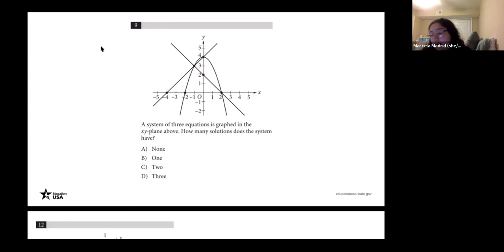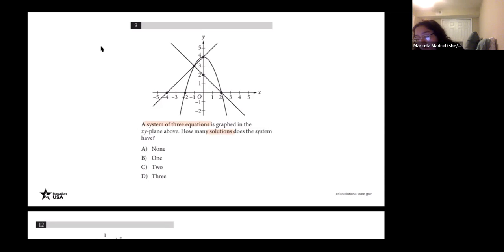Okay, now it's time. So for this one, we have 2 current answers, B and D. If we look at the question itself, making sure we know what it's asking for, which is a system of 3 equations, and it's asking for the solution, meaning how many times do the 3 equations intersect all at once?